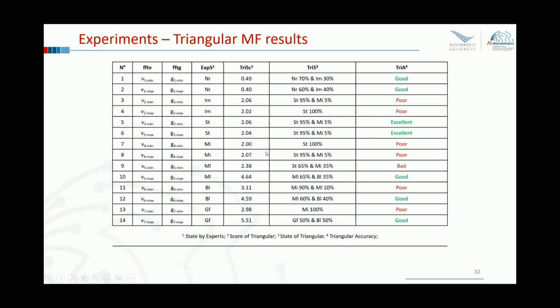And here we have the table that concludes the results of the triangular membership. It gave 7 accurate results with an accuracy that goes from 15 to 95%.